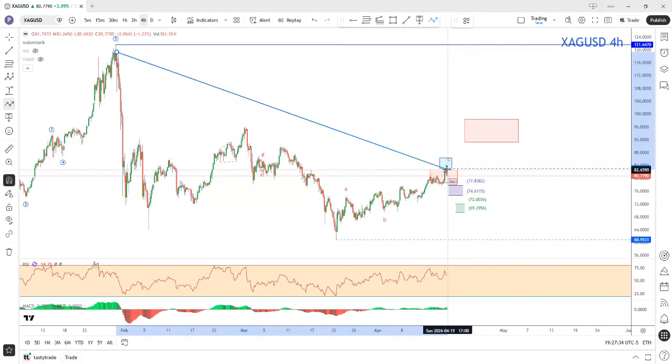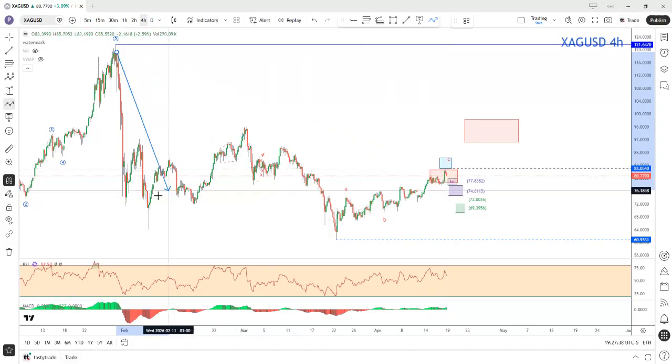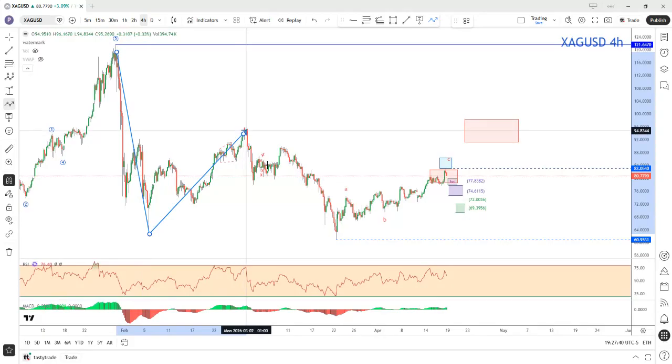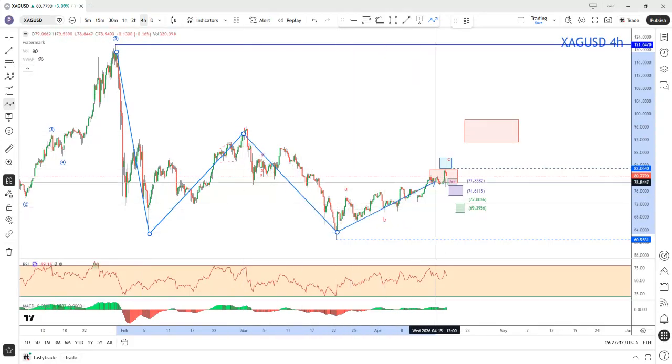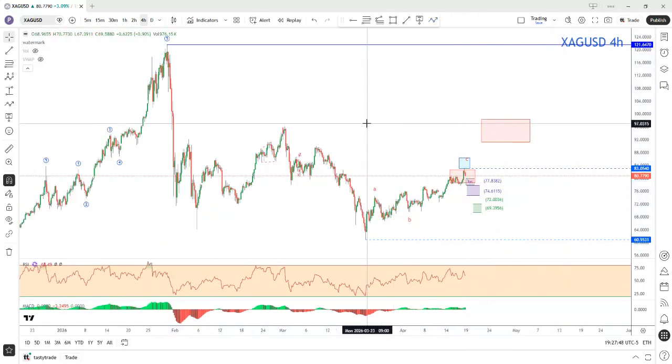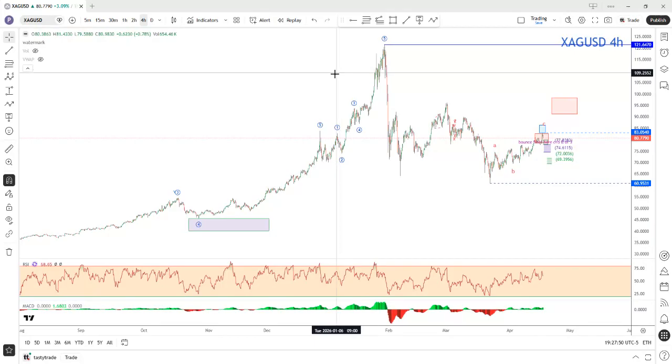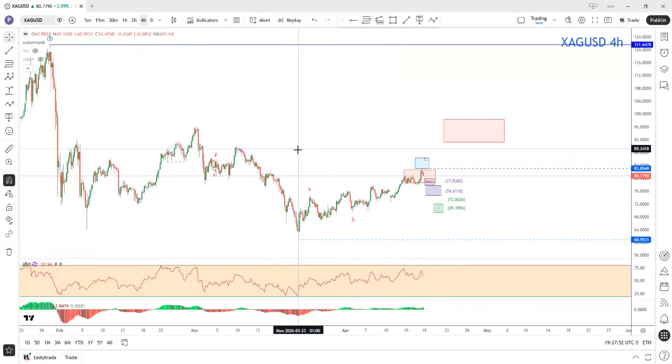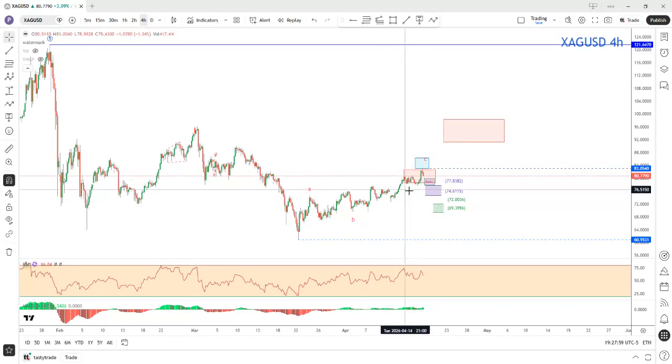I don't think that this would be a W, X, Y, and then this 3-wave would be an X wave and a Z. That doesn't make any sense from where they are in the bigger picture here. So I'm not looking at that bearish pattern. There's only one bearish pattern that I see, and we'll look at that in a little bit.